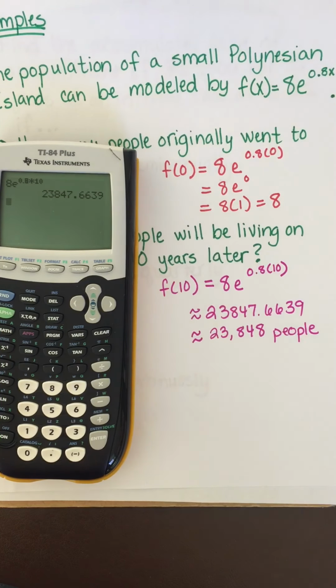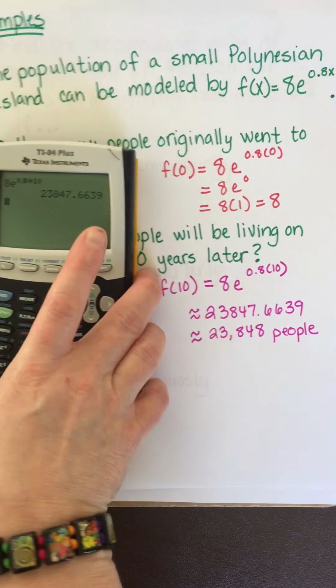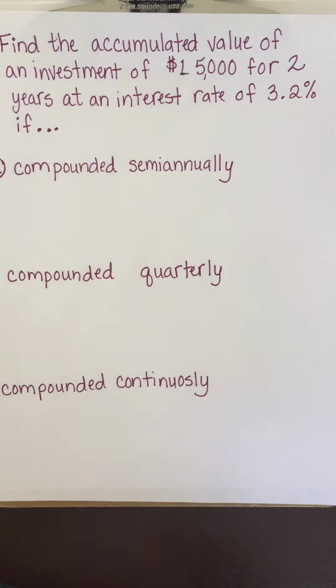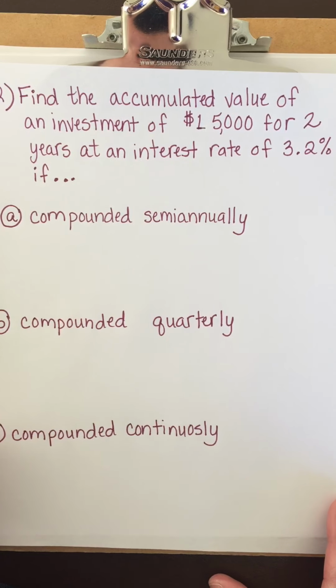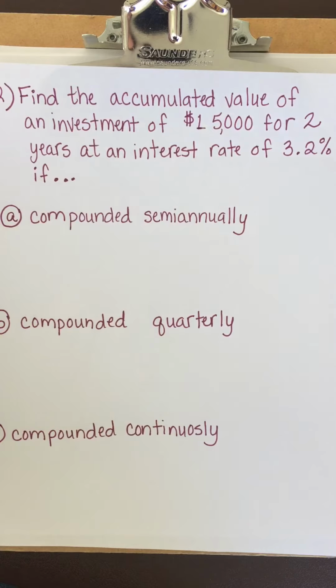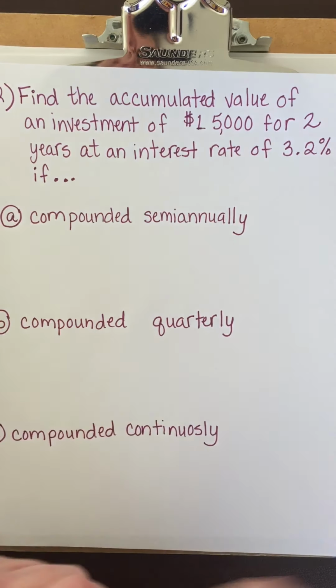All right, let's do some problems with money, honey. It says, find the accumulated value of an investment of $15,000 for 2 years at an interest rate of 3.2% if, and then we have to do different ones. So it says compounded semi-annually.